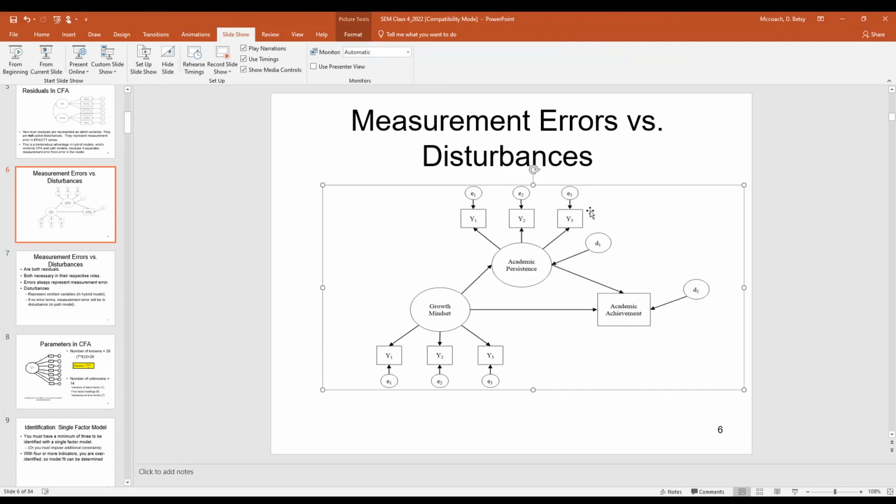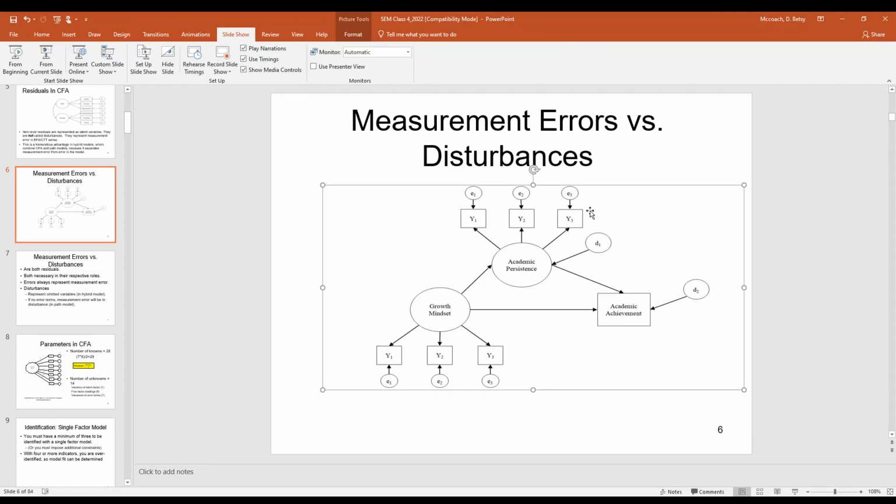And so this is one of the reasons that when we use latent variable modeling, we actually get better estimates of paths and correlations among our latent variables, because those estimates are free of measurement error, because we're capturing the measurement error in the measurement part of the model, right? And then when I look at the path from growth mindset to academic persistence, that's actually going to be the direct effect of the growth mindset latent variable on the academic persistence latent variable.